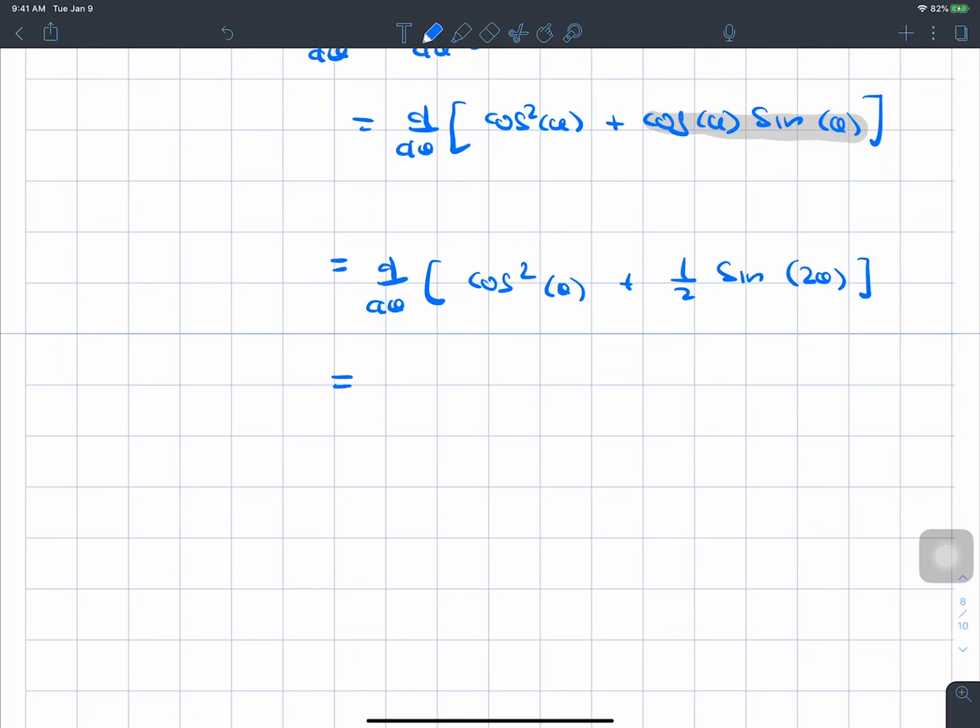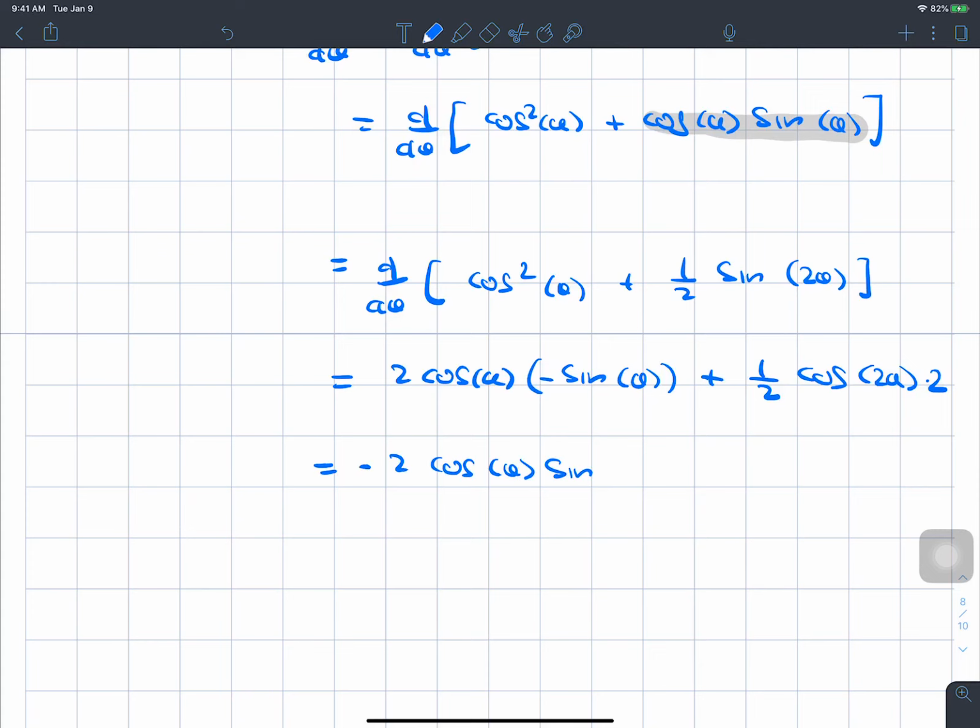All right, let's use the chain rule. 2 cosine θ, the derivative of cosine is minus sine, plus 1/2, the derivative of sine is cosine 2θ, times 2, minus 2 cosine θ sine θ, plus cosine of 2θ. Now, what was cosine θ sine θ?